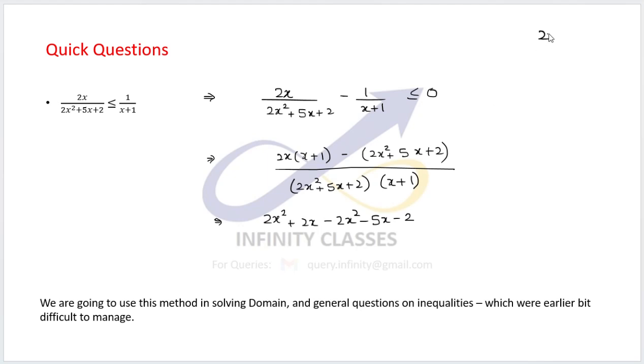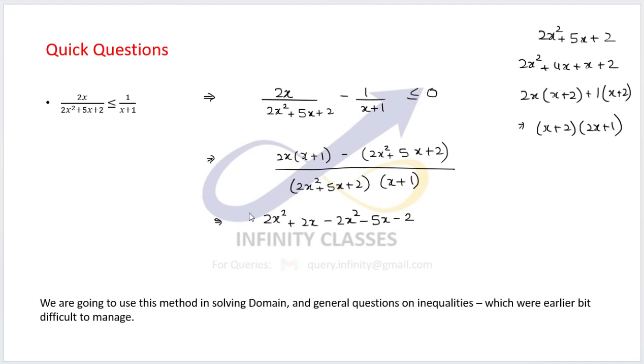And 2x square plus 5x plus 2 can be expressed as 2x square plus 4x plus x plus 2. 2x common, x plus 2, plus 1, x plus 2. So this can be expressed as x plus 2 into 2x plus 1. I have to factorize the denominator piece also.